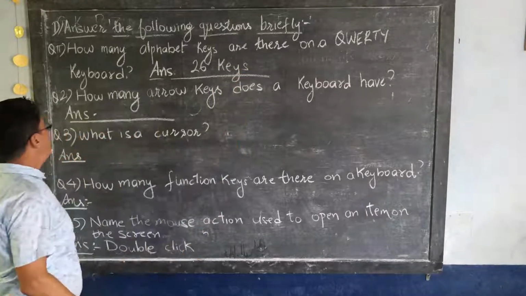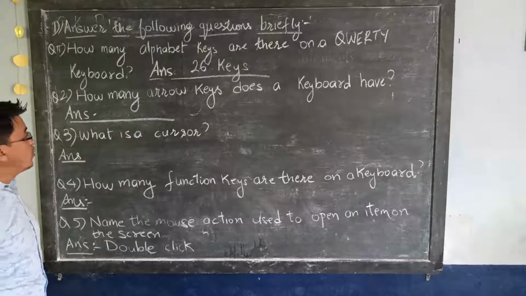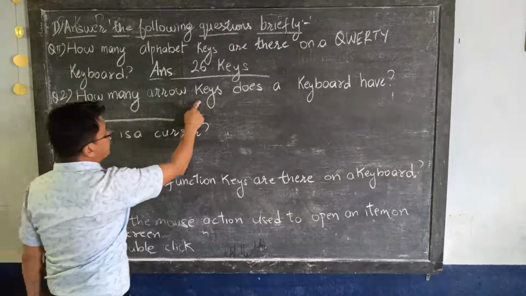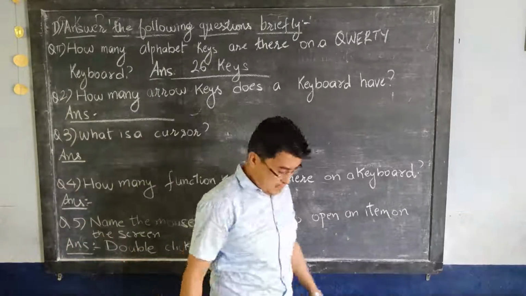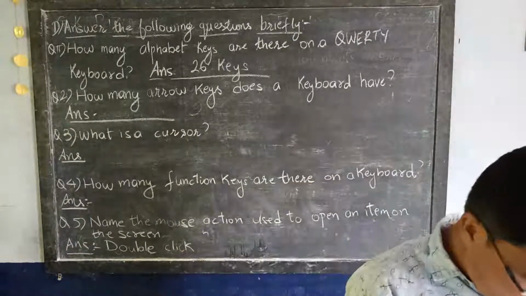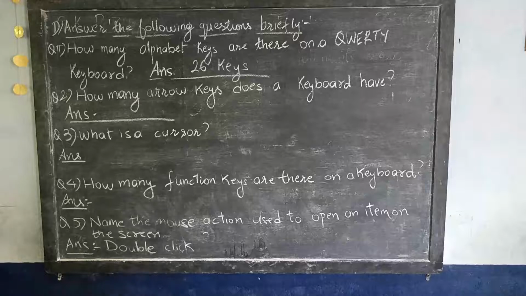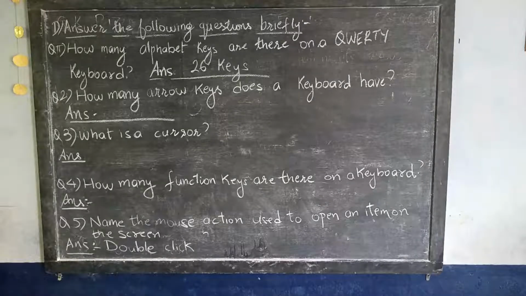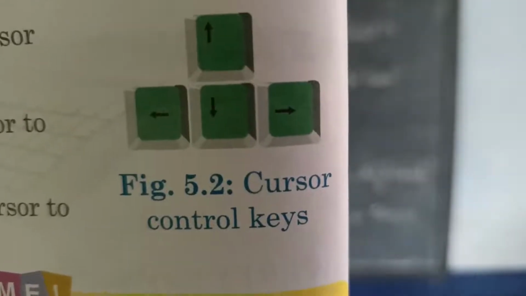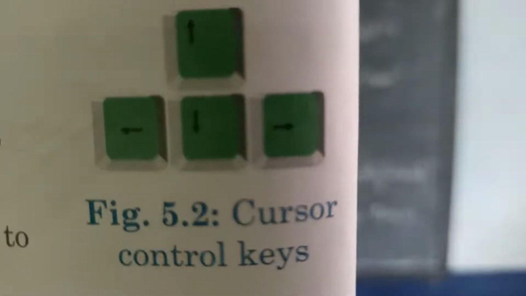Now, question number 2. How many arrow keys does a keyboard have? If you look at page number 48, figure 5.2, here you can see how many arrow keys. 1, 2, 3, 4.